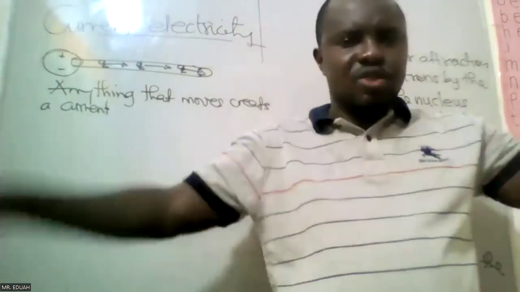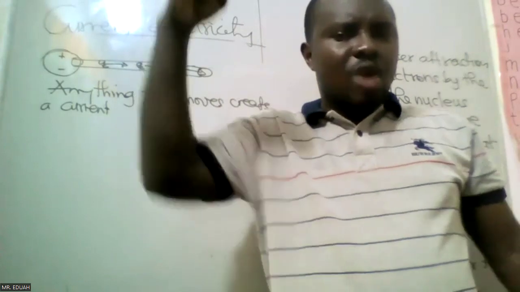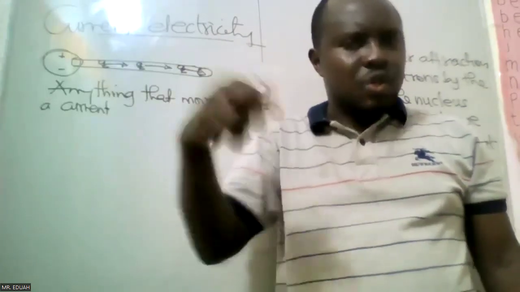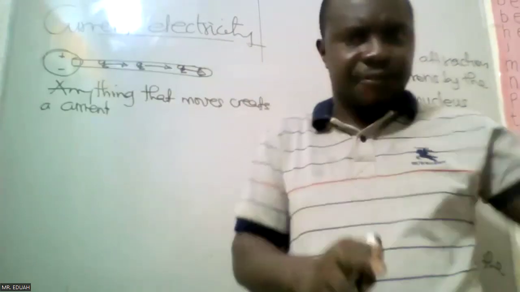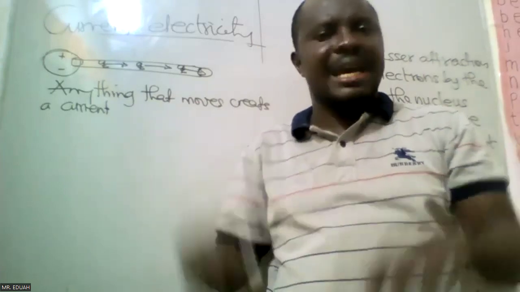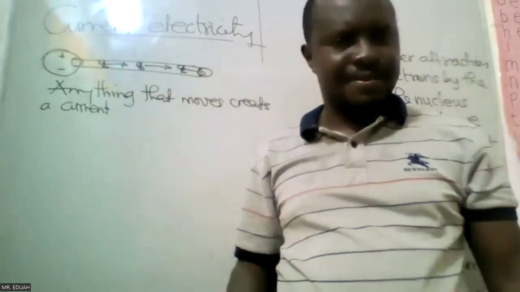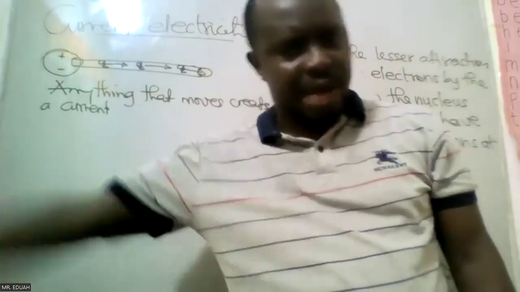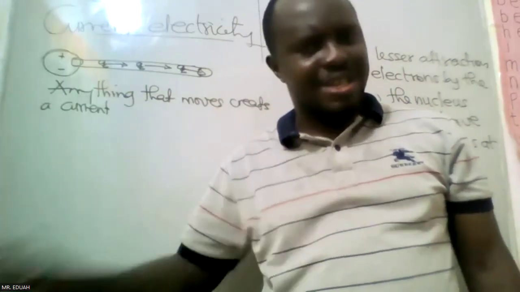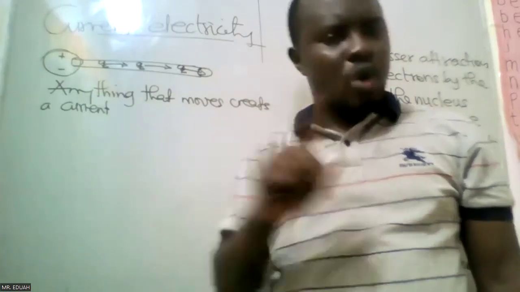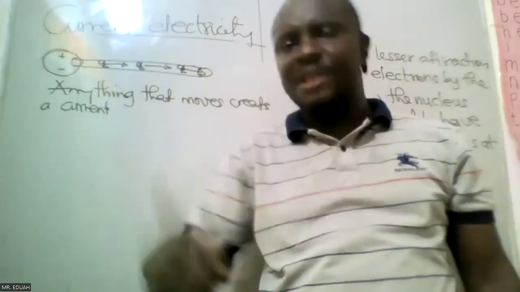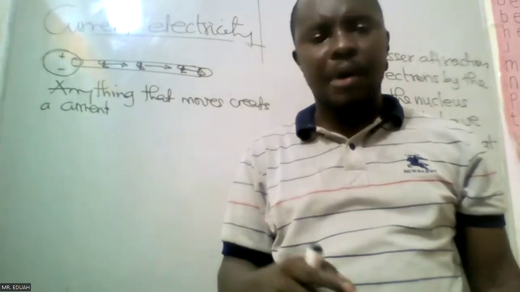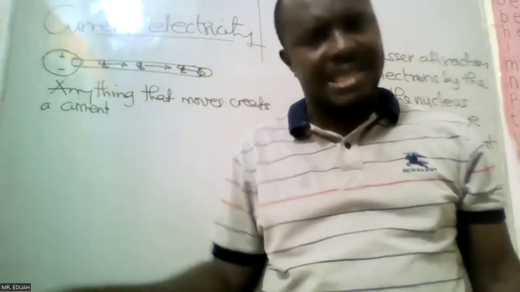So you can't just say current. You must talk about current electricity so that it distinguishes it from water current and wind current. So when you are talking about moving charges, then talk about current electricity.